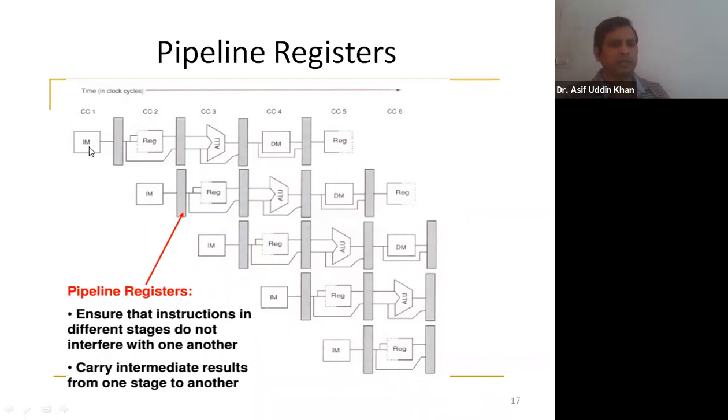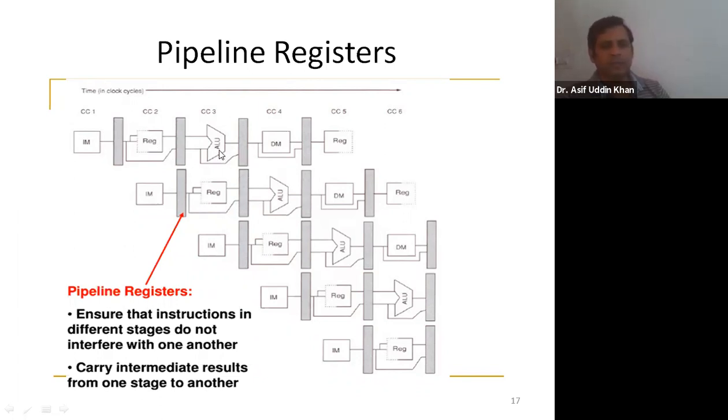Like you can see, between any two stages, these are the registers. The registers are inserted. In the first instruction, a register is inserted between the IF stage and the ID stage. Similarly, between this stage and this stage, a register is inserted.